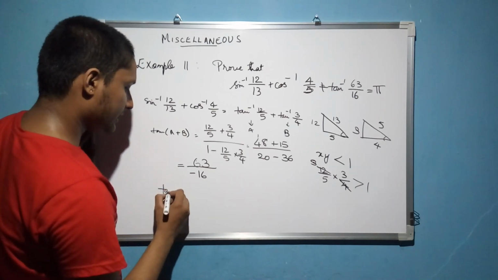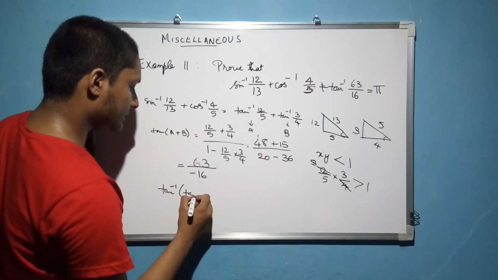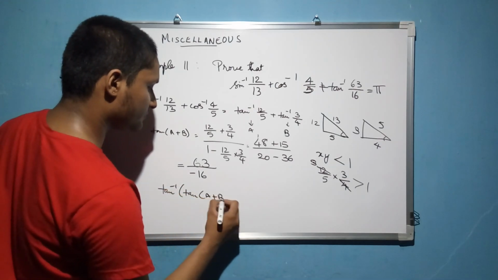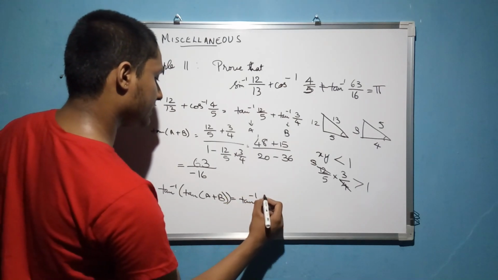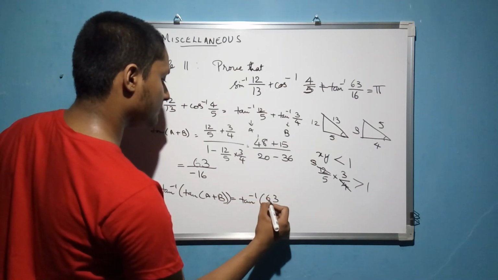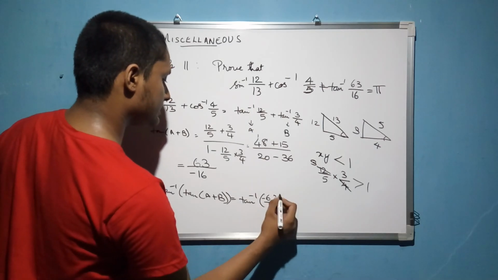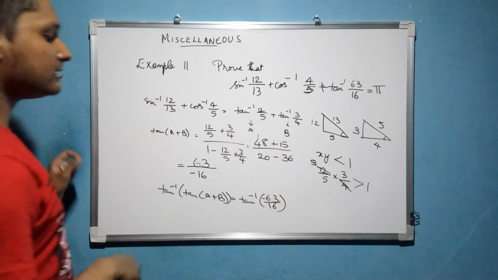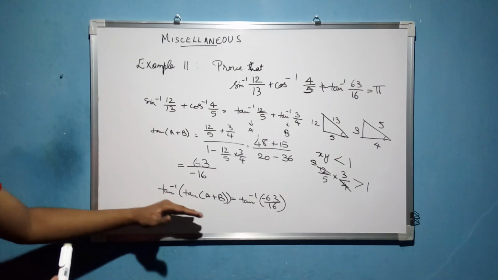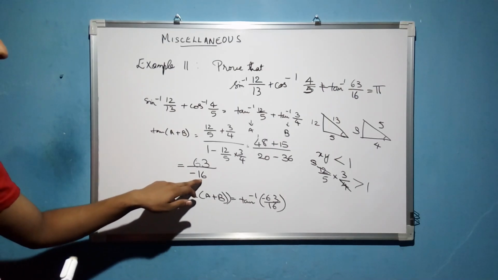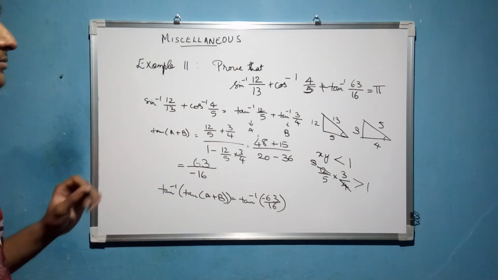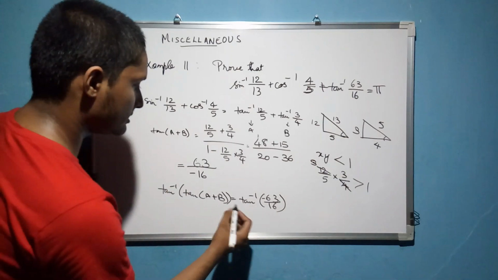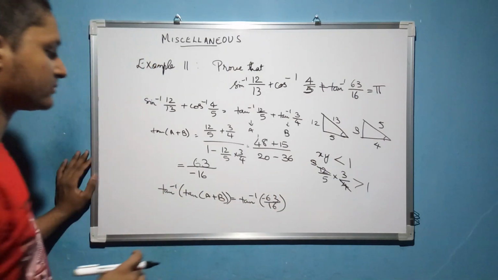Okay. Tan inverse of tan of a plus b is equal to how much? That should be equal to tan inverse of minus 63 by 16. But I cannot directly tell this is equal, because this is negative here. So okay, let it be. Let us just leave it here.